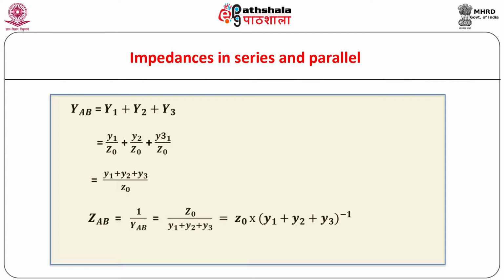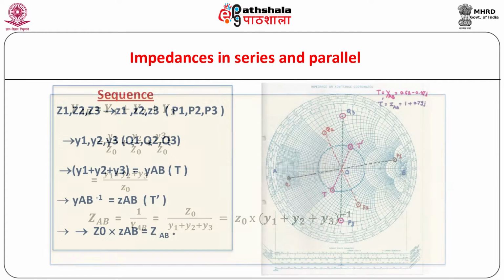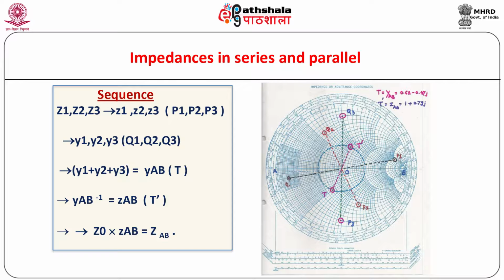The term characteristic impedance is used in connection with transmission lines. Here, in connection with electrical networks, let us use the term normalizing impedance Z0. Its value can be selected as per our convenience. We know how to obtain the normalized admittance y corresponding to a given value of normalized impedance z using the Smith chart.